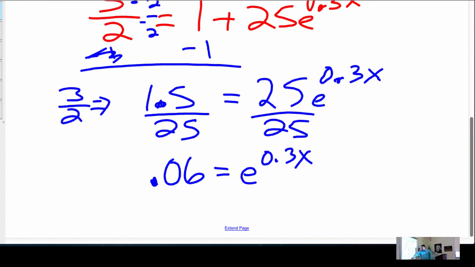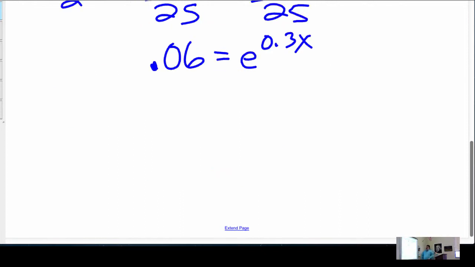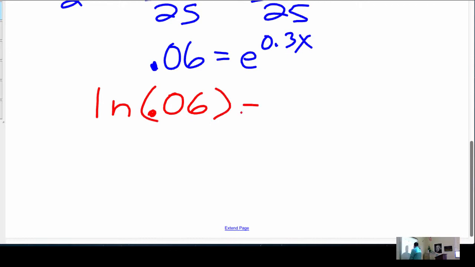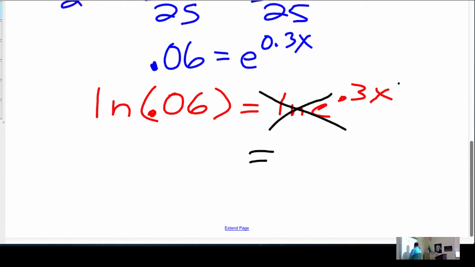Now from that point, if I take the natural log of both sides, so the natural log of 0.06 is equal to the natural log of e to the 0.3x, because the natural log and e are inverse functions of one another, they cancel each other out. So on my right-hand side, I get to bring this down.